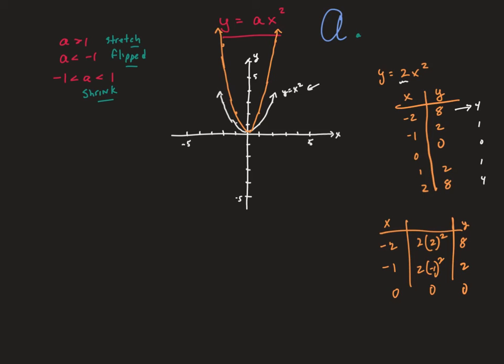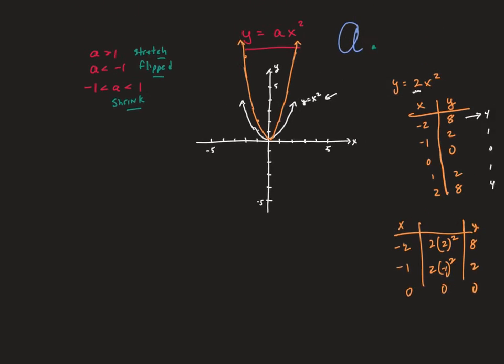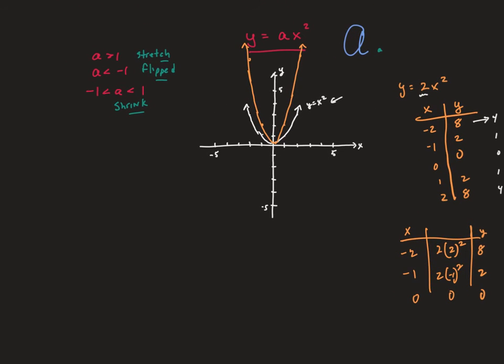Now, if I go ahead and see a shrink, that would be possibly y equals 1/2 x squared. In that case, when I have my x's, I'm going to have 1/2 times negative 2 squared, right?